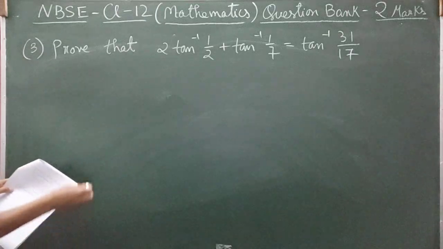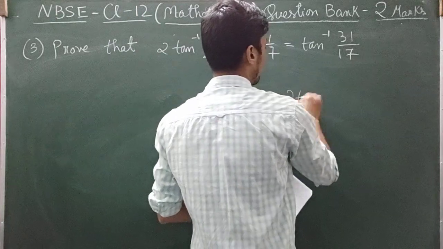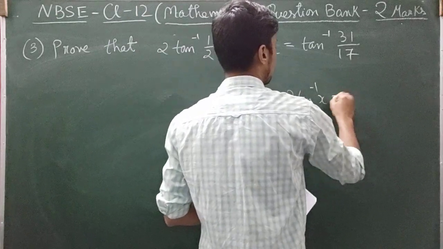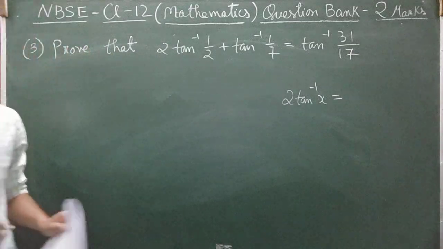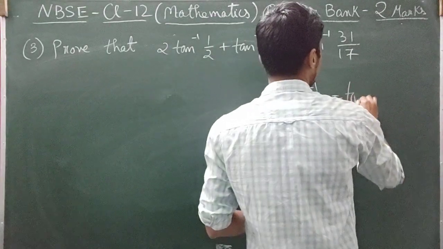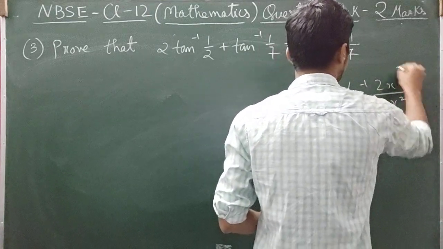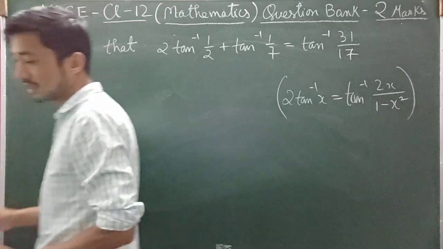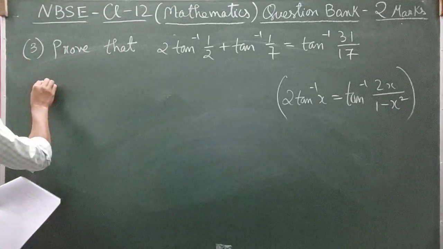Now here of course we are going to need that formula, twice of tan inverse x. What was the formula for twice of tan inverse x? Twice of tan inverse x was tan inverse 2x by 1 minus x squared. So we will be utilizing this particular formula, so let's go for the proof.